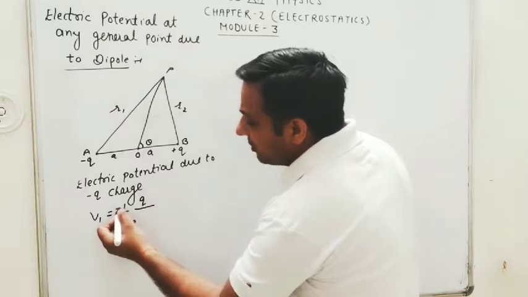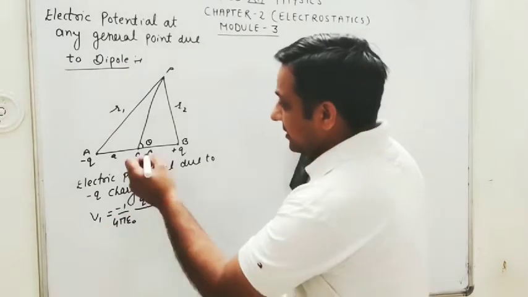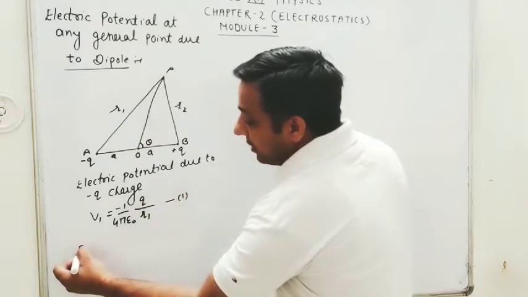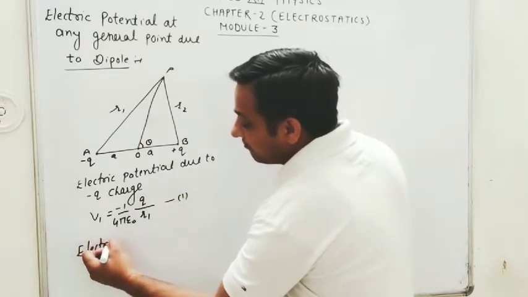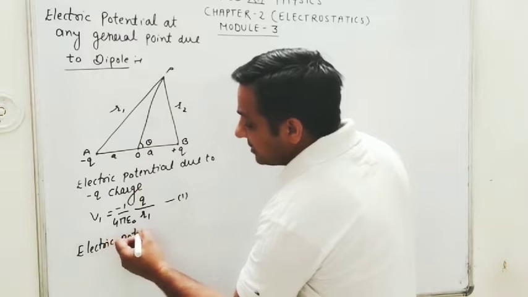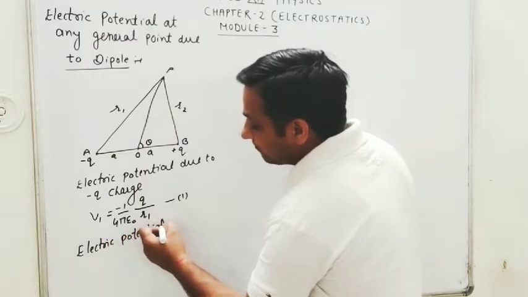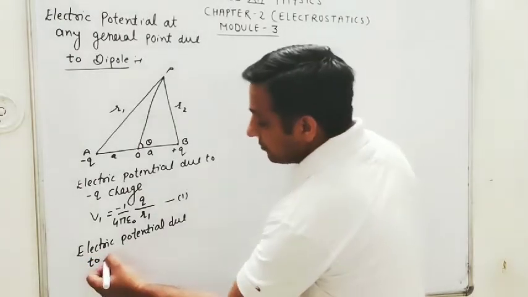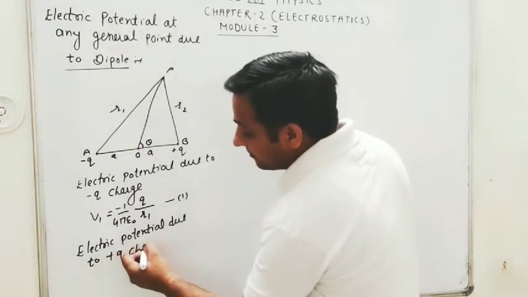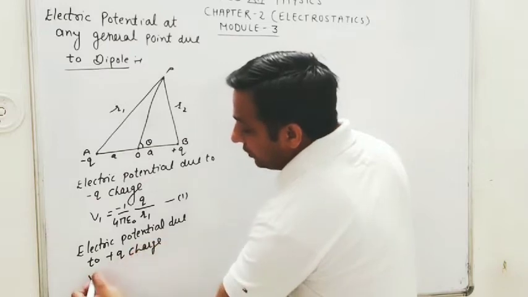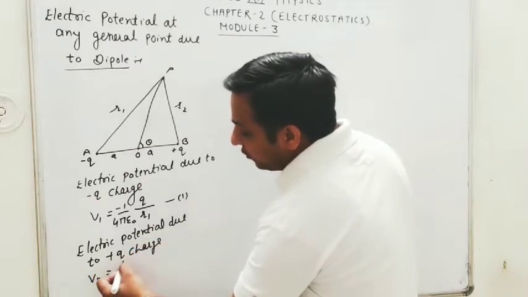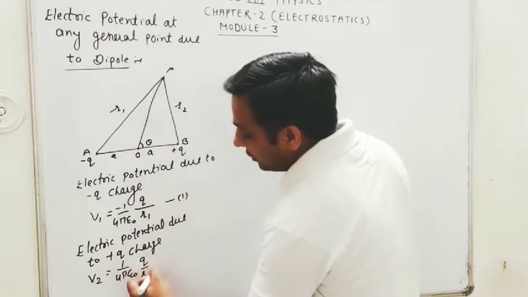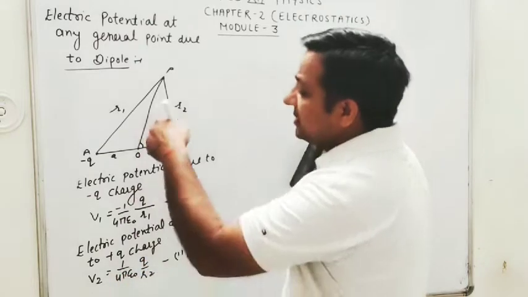Q is minus, so the minus sign is written ahead. This is equation first. And now, the electric potential due to plus q charge is V2, and that is equal to 1 by 4 pi epsilon naught q by R2, because the distance is R2.